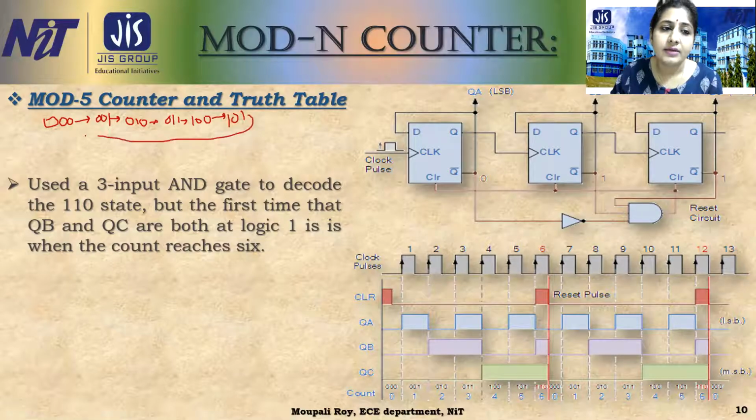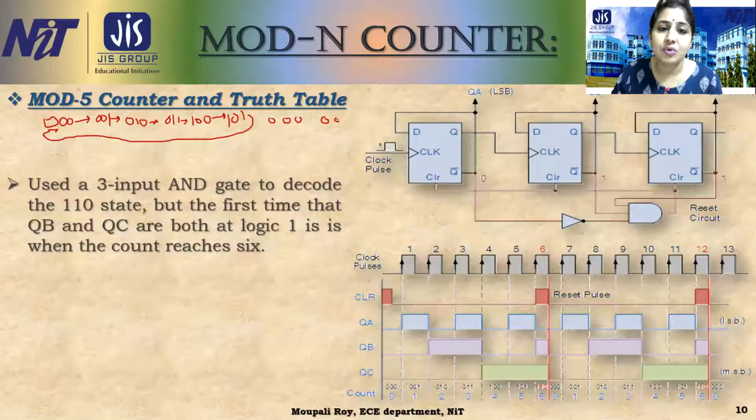So if the present state is 0 0 0, then the next state is 0 0 1. So this is QA, QB, and QC. This is the LSB, this is the MSB.